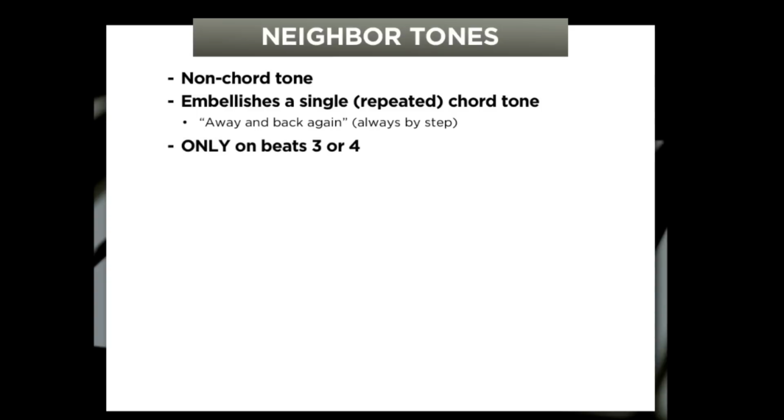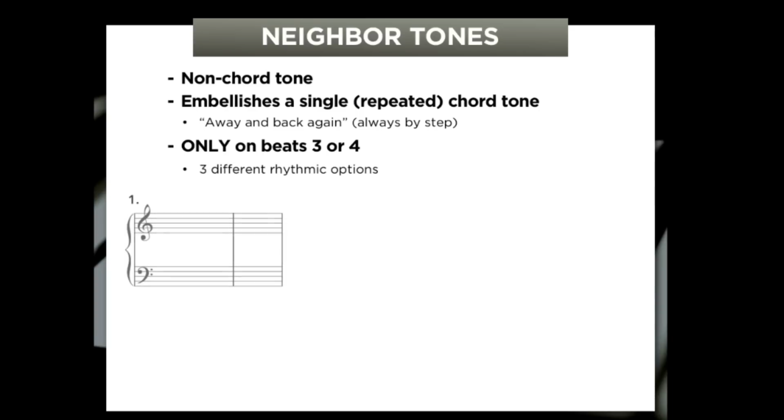And like second species, our neighbor tones are going to only fall on beats 3 and 4. And like second species, there's 3 rhythmic options, and these are actually the same rhythmic options. We can have a beat 3 half note. Here we go from an octave on the tonic chord to a third above the submediant. And we can take that C, which is a stable chord tone in both cases, and embellish it with a neighbor note.